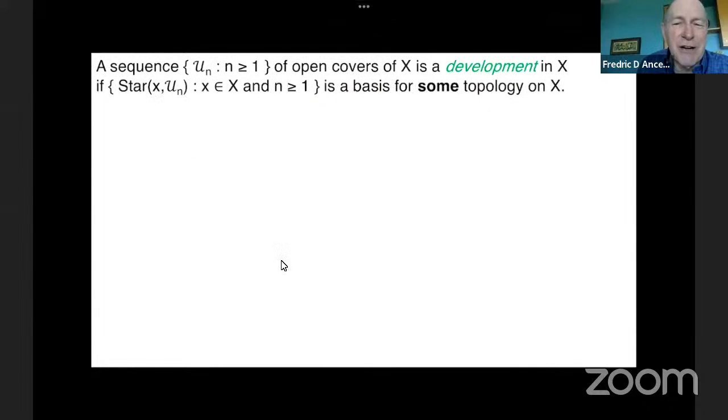And then there's this notion. I don't know where this terminology came from, but it was certainly implicit in the work of Alexandrov and Urysohn, and I know it was in the work of R.L. Moore. He talked about a development. A development is a collection of open covers where the stars, with respect to points, form a basis for some topology. Maybe not the given topology, but those would form a basis for a smaller topology.